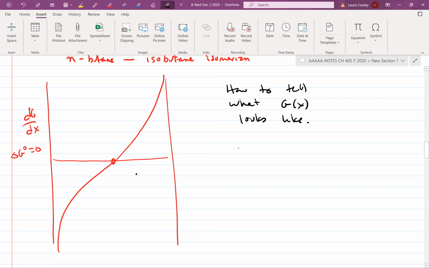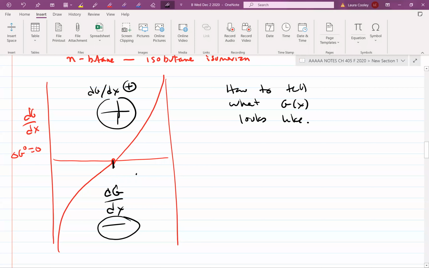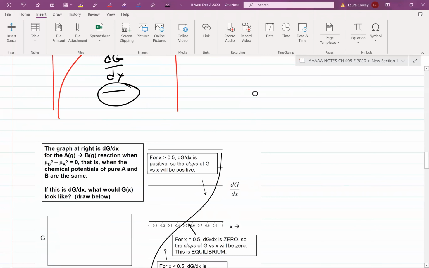If I wanted to plot G of x, I need to use the fact that here dG/dx is positive, and here dG/dx is negative at values of 0.5 or less. At values of 0.5 or more it's positive, and it's equal to 0 at 0.5. So let's try and do a plot like that.